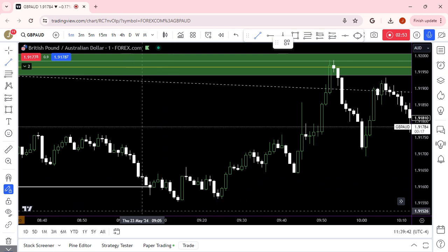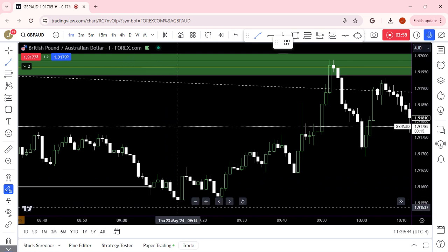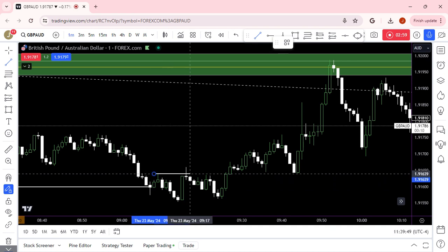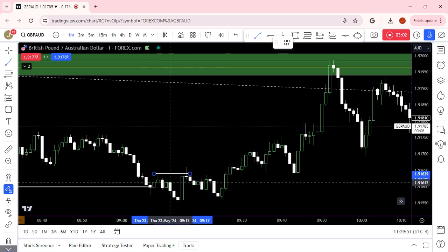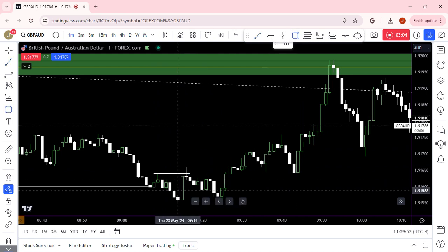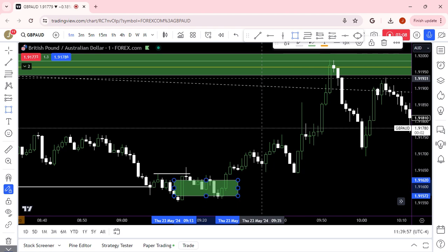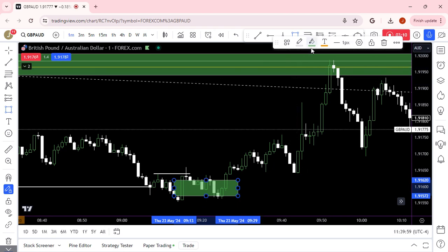Came down around 9:14. This is where this candle, we have a market structure shift, and this is where I went for a long on that area.